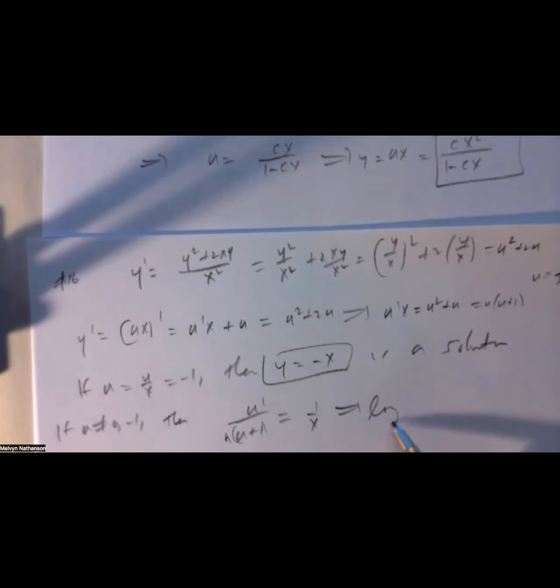Which means if I integrate, the integral of 1 over u times u plus 1 du is the integral of 1 over u minus 1 over u plus 1 du.